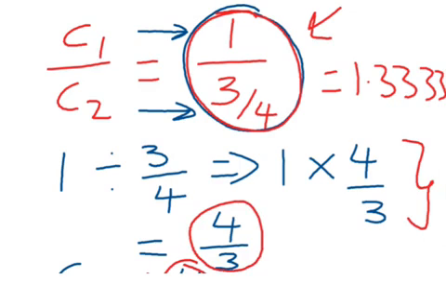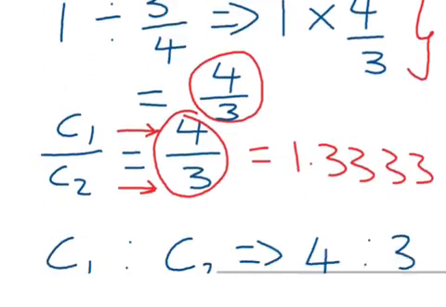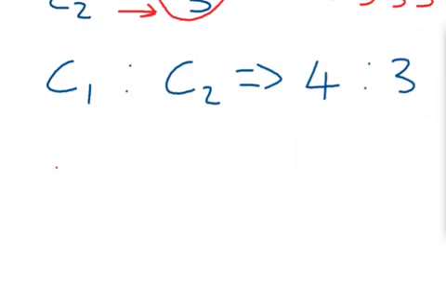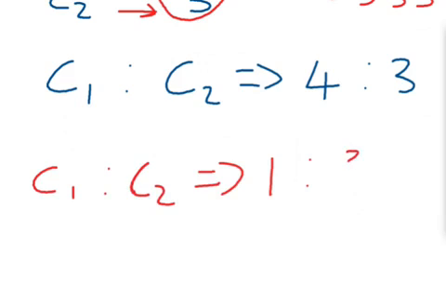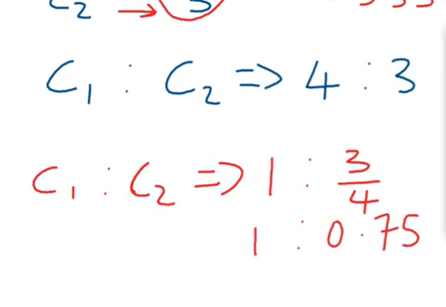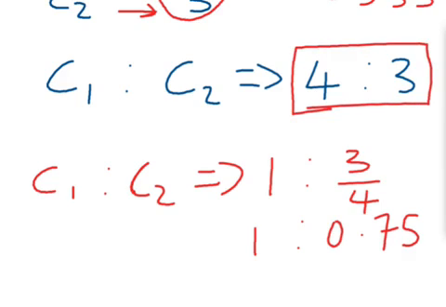Another way we can write this is to say C1 ratio C2 is also equal to 1 ratio 3 over 4, or 1 ratio 0.75. But if you want to write your answer in whole number form, then this is the answer in whole number form. So that is the solution to this question.